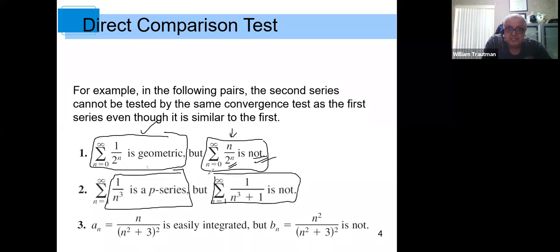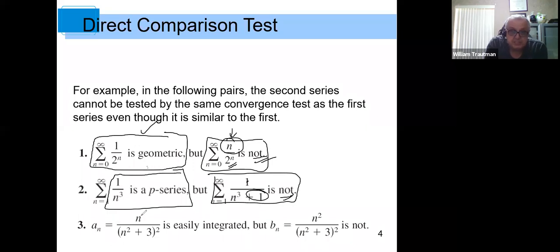This is not. They look similar, 1 over n to the third, 1 over n to the third. It's just extra stuff. It's that extra stuff that messes it up and doesn't make it exactly one.